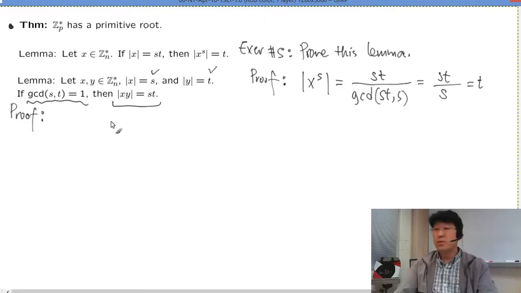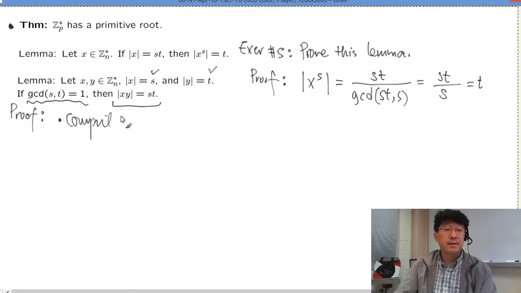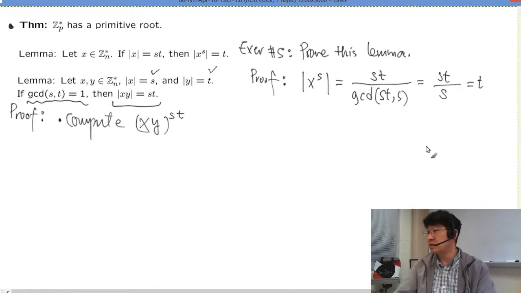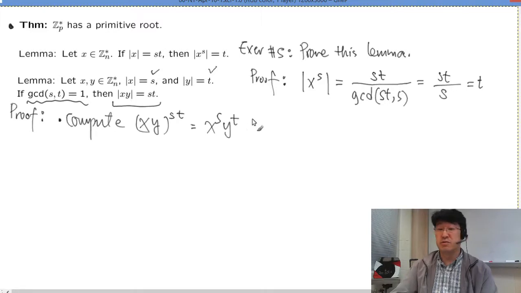So what we're going to do is compute xy raised to st. Fair enough. Why are we doing this? What is our expectation? This is going to give you 1, right? Because we're in the class and it's not congruent to 1, it's 1 in here. Because of the commutativity, you know this is true, right?